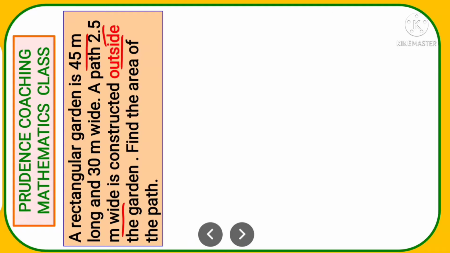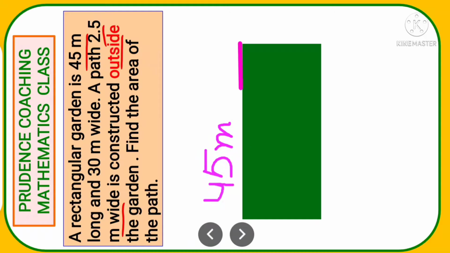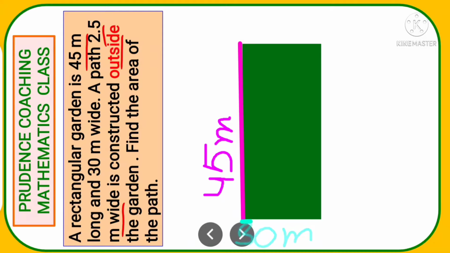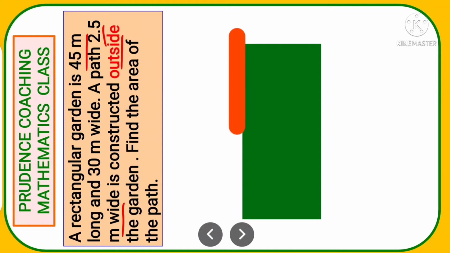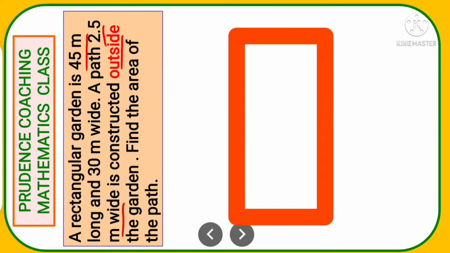As you can see, this is the garden whose length is 45 meter and breadth is 30 meter, and around this garden we draw a path which is 2.5 meter wide. That means here also 2.5, here also 2.5 meter, here also 2.5 meter, here also 2.5 meter. You are asked to find the area of the path.